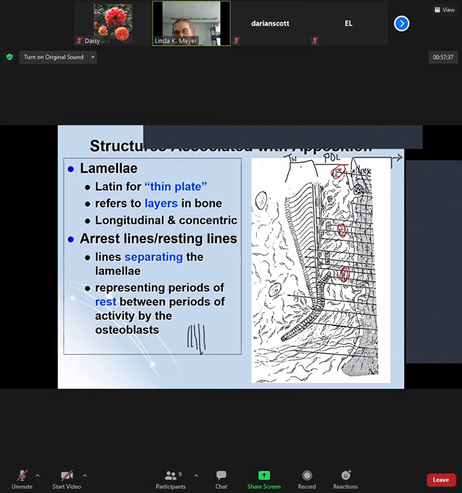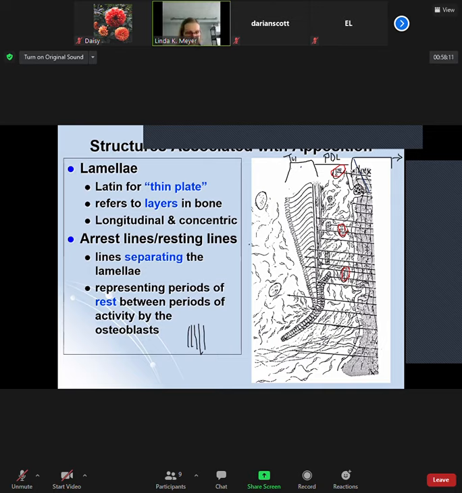They're shaded in gray to show that they are mineralized. Right next to the PDL, alveolar bone proper is going to be made up of longitudinal lamellae, because those layers are getting their blood supply from the PDL, where I circled those 3 blood vessels.